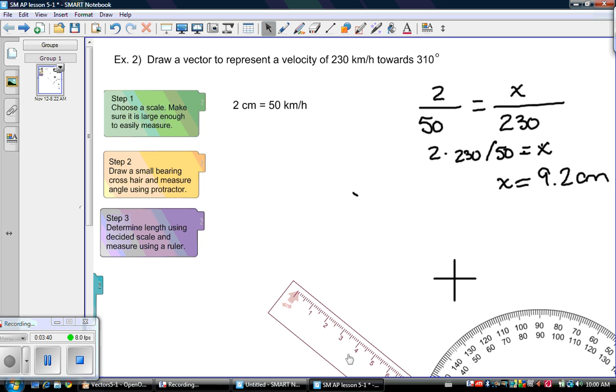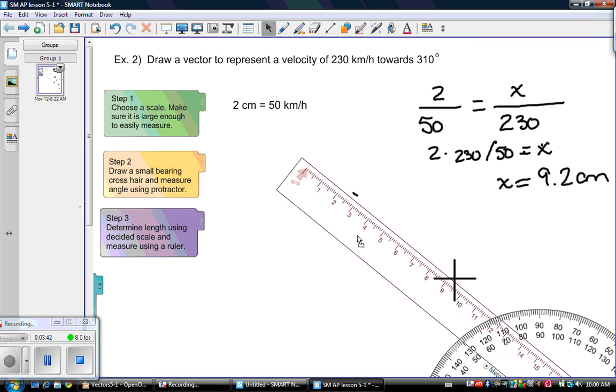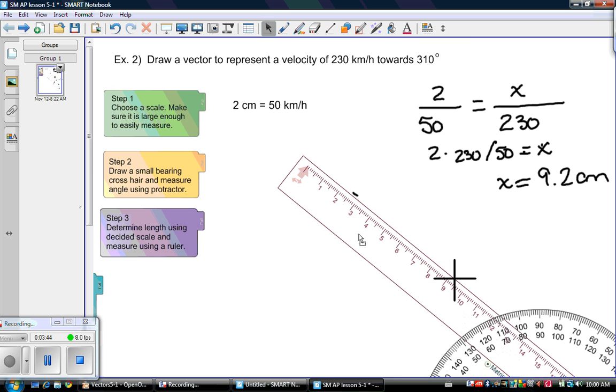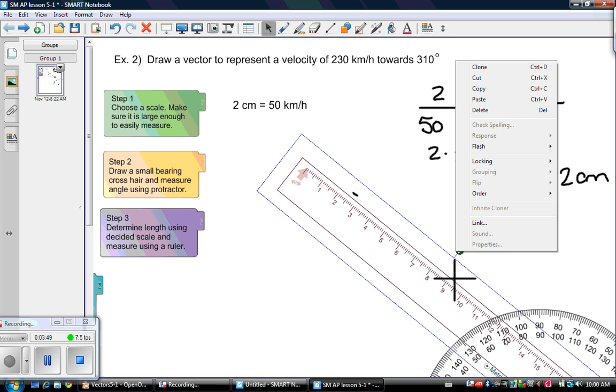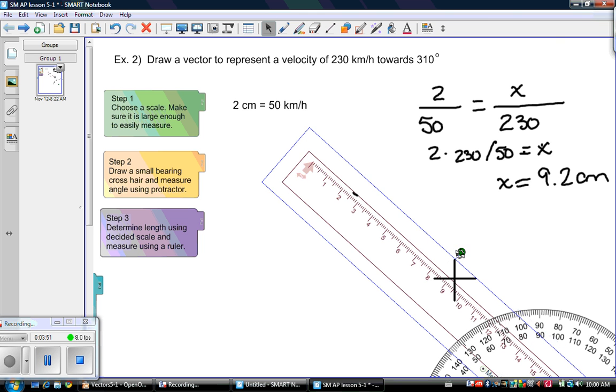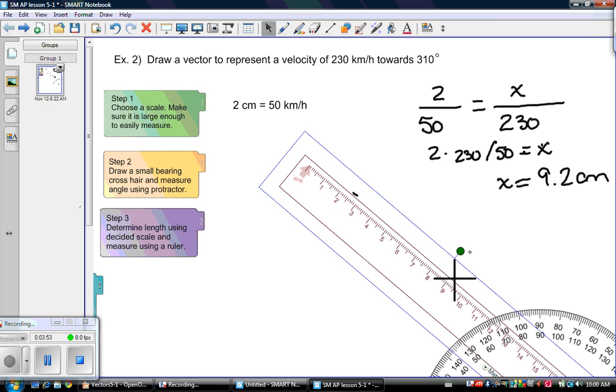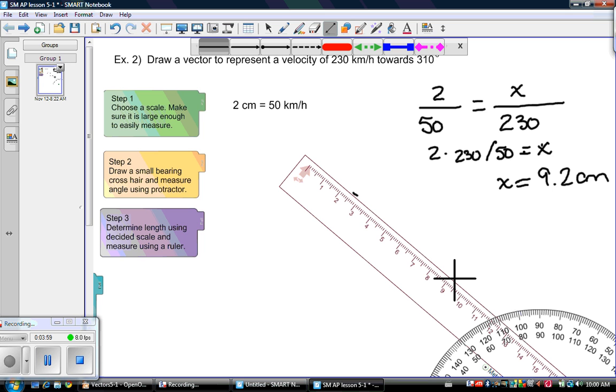So bringing our ruler in and adjusting it to the right angle, it needs to go roughly at 9.2 here. We're going to adjust the angle just slightly. So 9.2 lines up with the cross. I'm going to draw a line, putting my arrow on at the same time, starting at the crosshairs and drawing out.